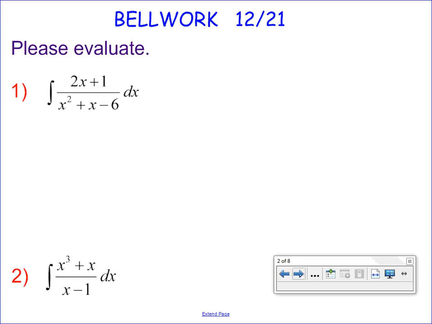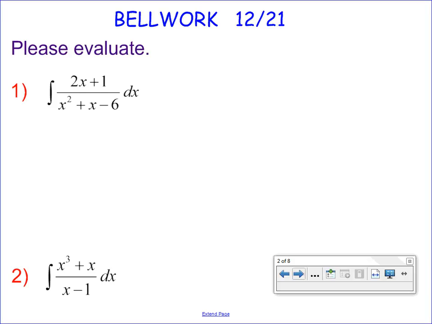All right, so let's go ahead and take a look at the first one. Notice how the rational expression in number 1, the numerator and denominator are separated by a degree of 1. And so what was the connection between those two? Emily? Natural log. Yeah, natural log ends up being our strategy because the numerator function, 2x plus 1, is the exact derivative of my denominator, x squared plus x minus 6.